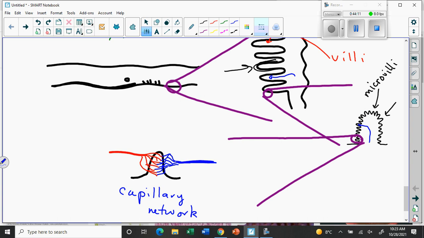They're small enough now to travel through the protein gates of these particular cells, which means they can be taken from the intestine through the gates, through the membranes of these cells that line the villi, the microvilli, and that line the capillaries. They're all made of cells, right? And they can be brought right inside to the bloodstream. So this is how the nutrients that we want end up in our blood.